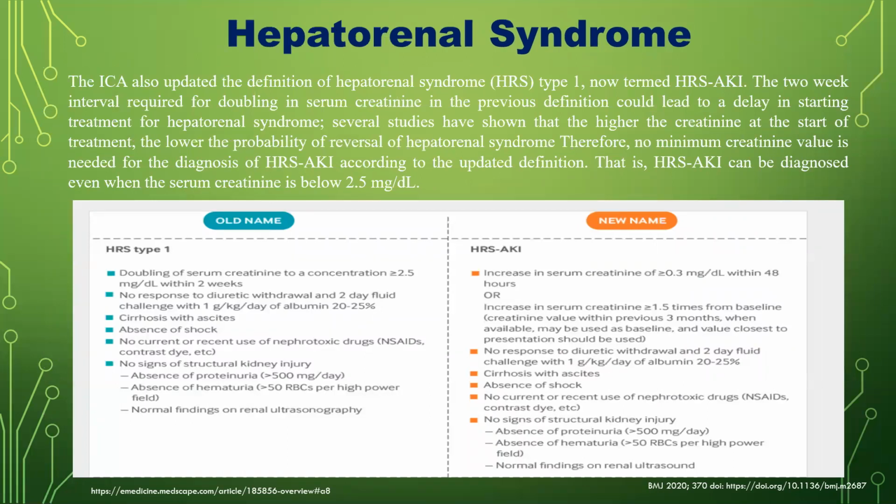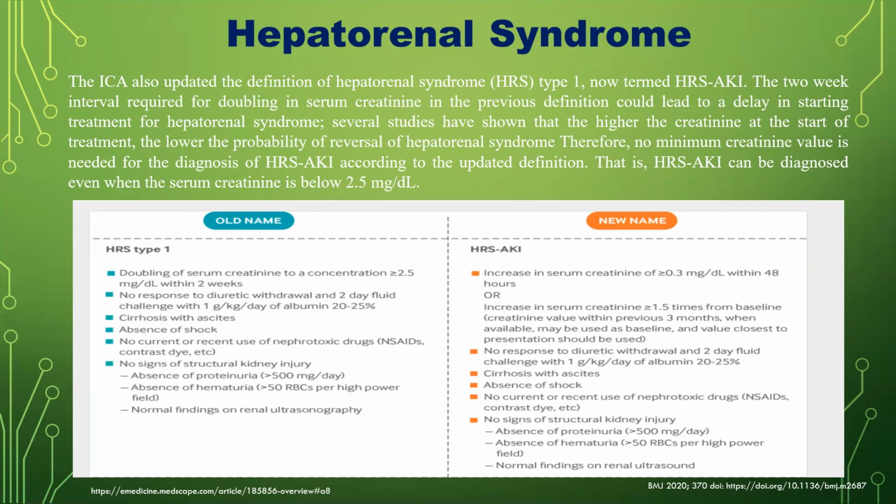The International Club of Ascites also updated the definition of hepatorenal syndrome type 1, which now has the term hepatorenal syndrome acute kidney injury. The 2-week interval required for doubling the serum creatinine in the previous definition could lead to a delay in starting treatment for hepatorenal syndrome.